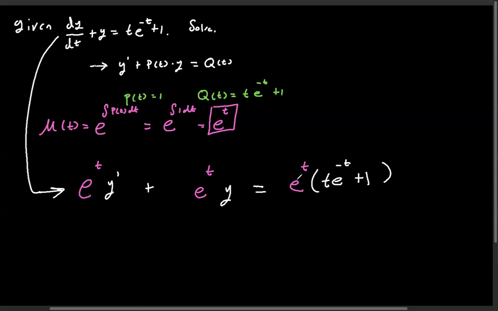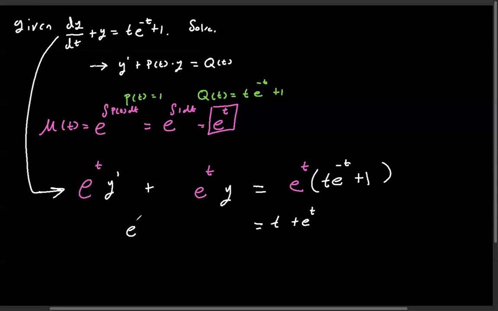We have e to the t times t e to the negative t. Just from our exponent rules, that'll be t minus t, which is 0, so you're just going to get the t in the front. That's going to come out. And then you will get another e to the t there because it distributes with that 1. So far, so good.